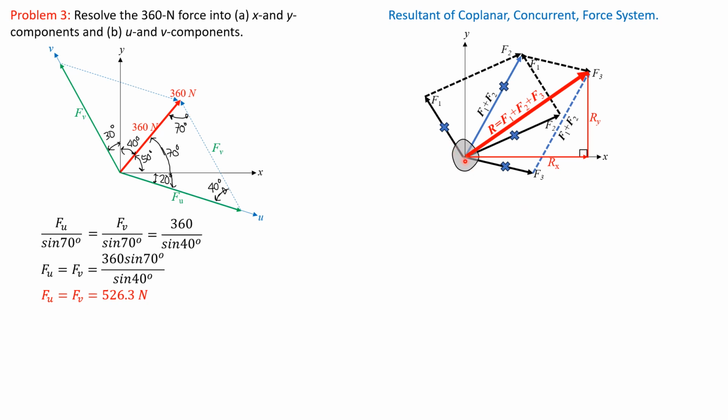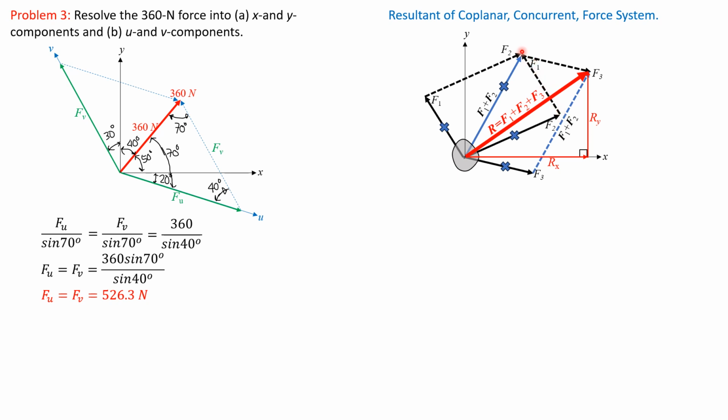We simply connect the second force from the tip of the first force. So this is F1, that is F2, and from the tip of the second force, we connect the tail of the third and last force, which is this one.